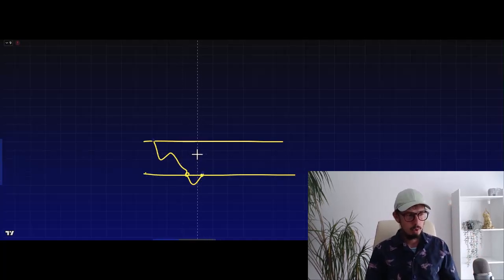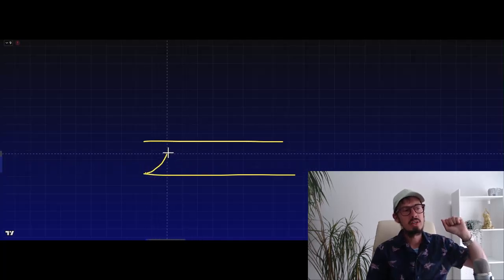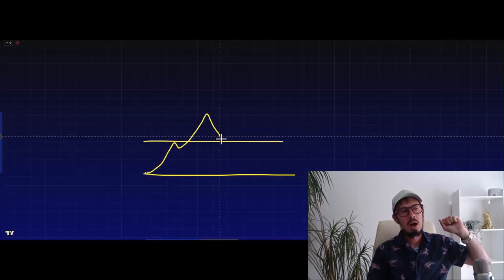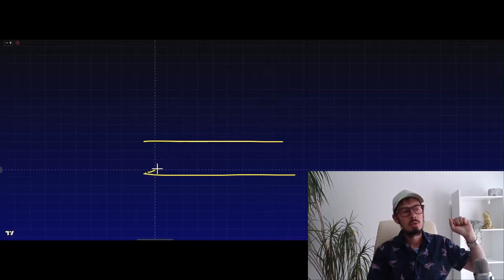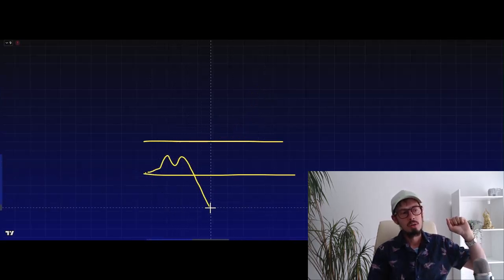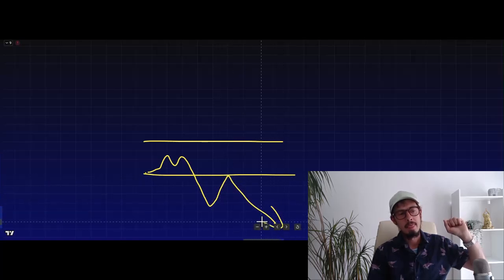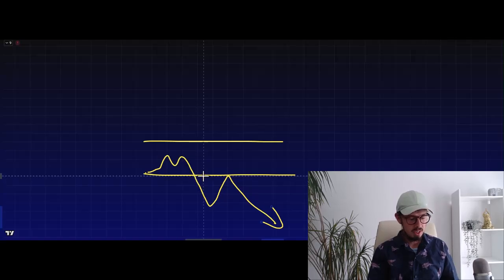Broken resistance becomes a support, and broken support, when it retests, becomes our resistance. We are waiting for these retest areas.